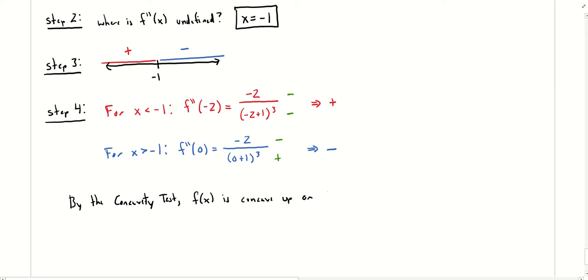That interval is negative infinity to negative 1. And concave down on, in this case, my interval where my second derivative was negative, which is the blue interval, negative 1 to positive infinity.